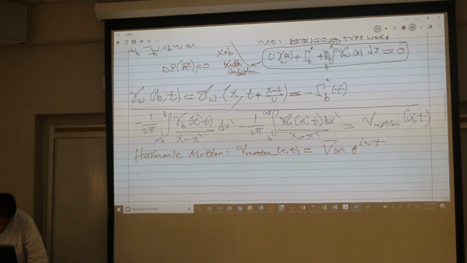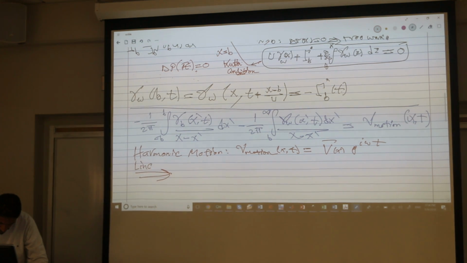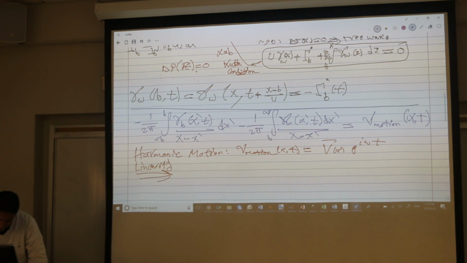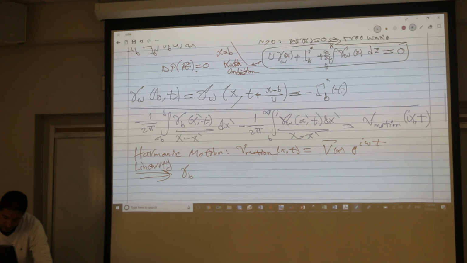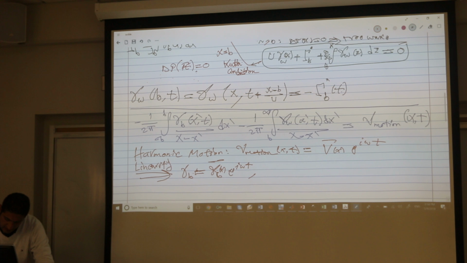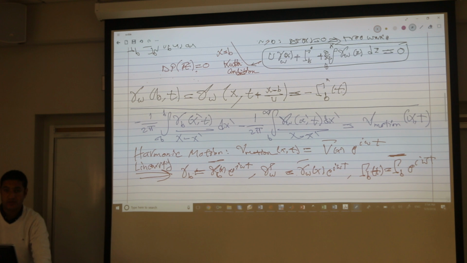So because of linearity, gamma bound is gamma b bar of x, e^(i omega t), gamma wake is gamma wake bar e^(i omega t), and the total gamma, which is a function of time only, is a constant times e^(i omega t), and so on.